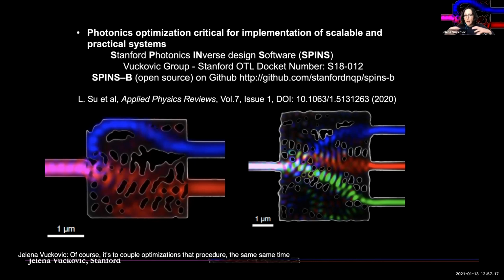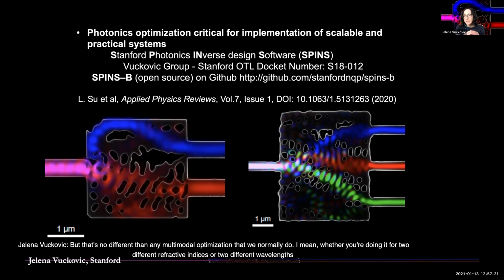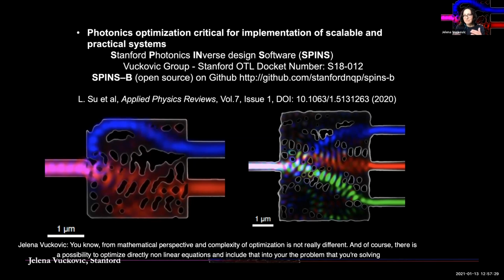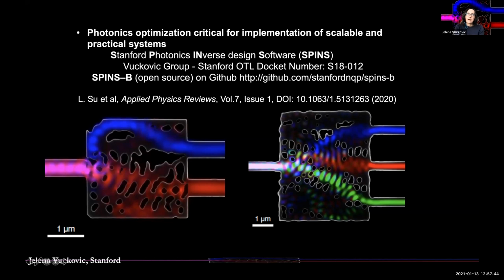Of course, it's two coupled optimizations that proceed at the same time. But that's no different than any multimode optimization that we normally do. Whether you're doing it for two different refractive indices or two different wavelengths, from a mathematical perspective the complexity of optimization is not really different. Of course, there is a possibility to optimize nonlinear equations directly and include that in the problem you are solving.